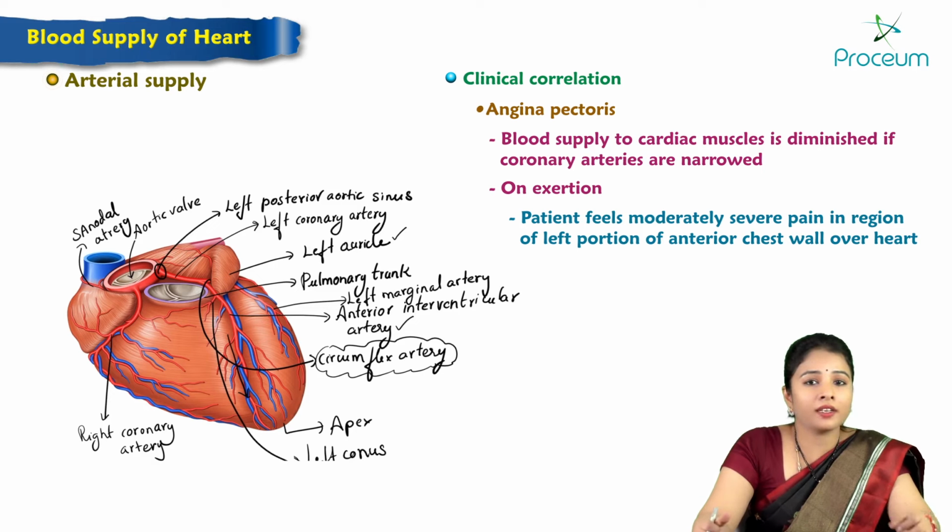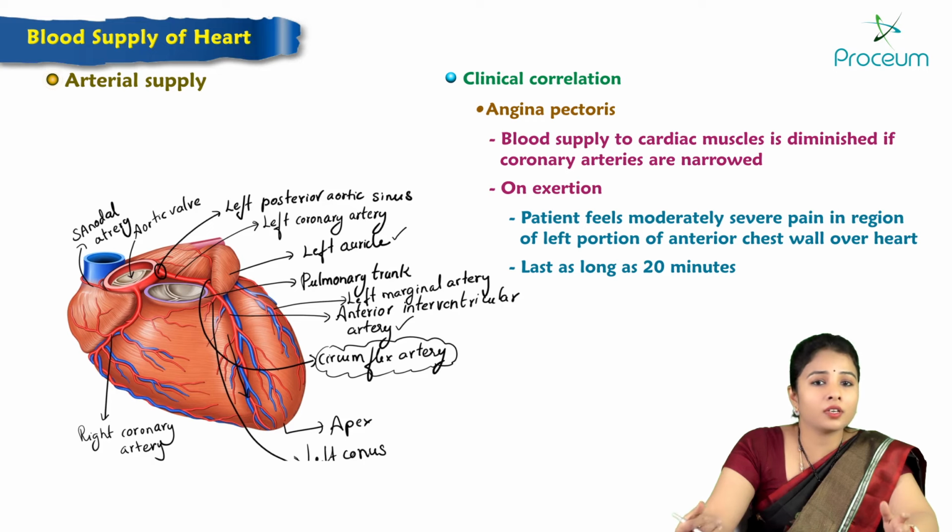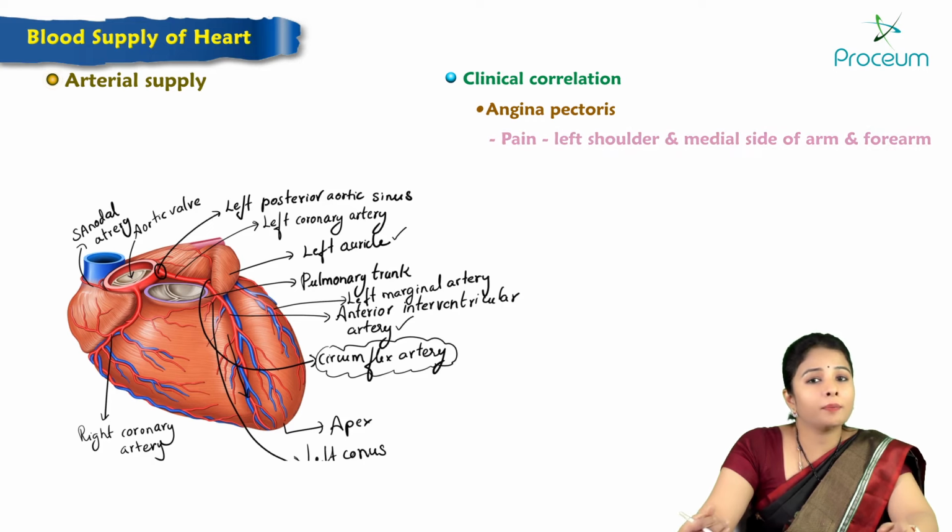So over that area they feel the pain. So it is the left portion of the anterior chest wall, which may last long for 20 minutes, and the pain is often referred to the left shoulder and medial side of the arm and forearm. So this is called angina pectoris.